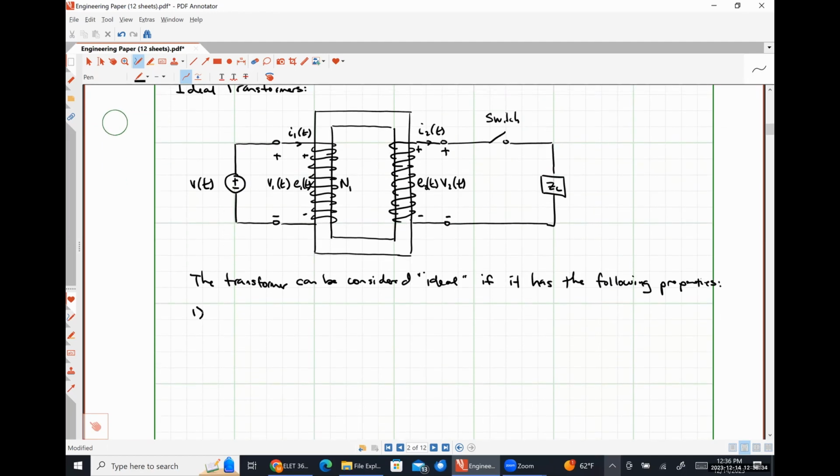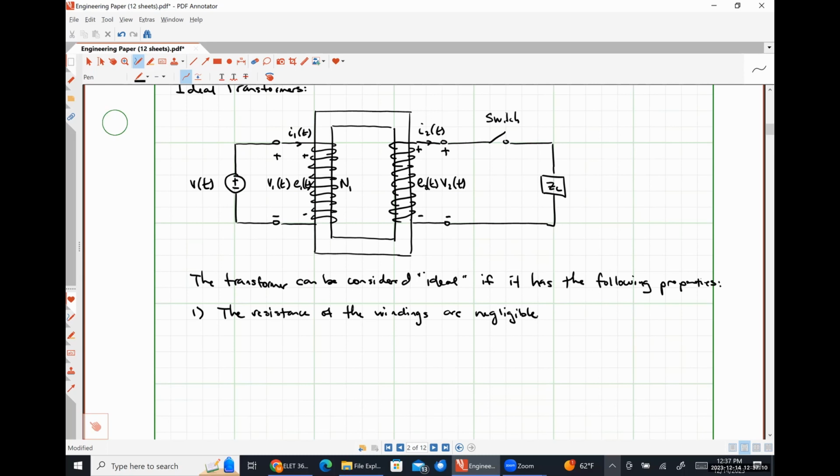So number one, the resistance of the windings is negligible. So this effectively means that no appreciable voltage drop occurs across the wire of the coil, so that any voltage that we are going to have is the induced voltage.